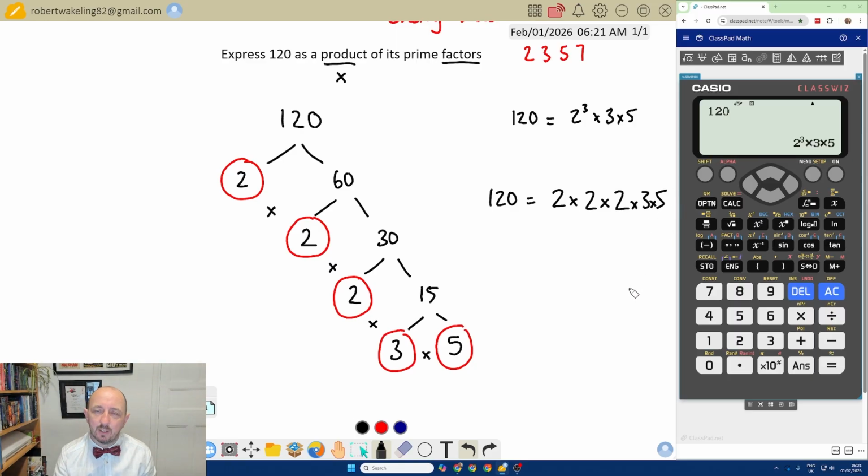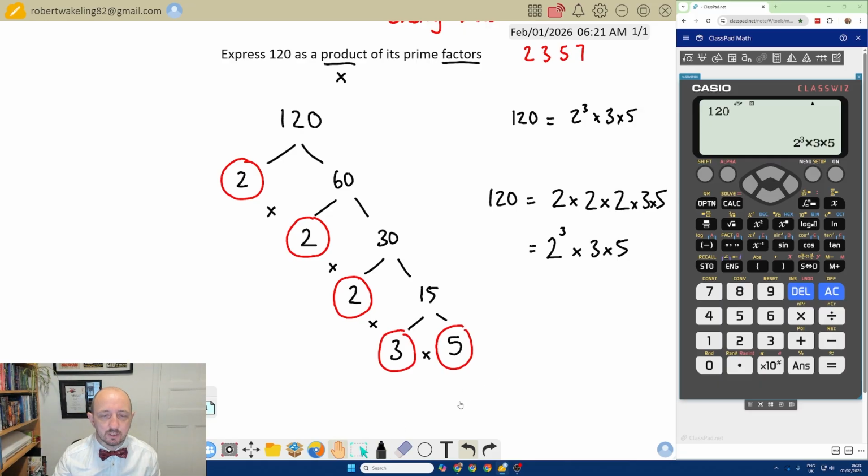That would be most of the way there. We've got some duplicates here, 2 times 2 times 2. We have to show that as 2 cubed from our indices work. And the 3 and the 5, there are no duplicates there. That's our finished answer.